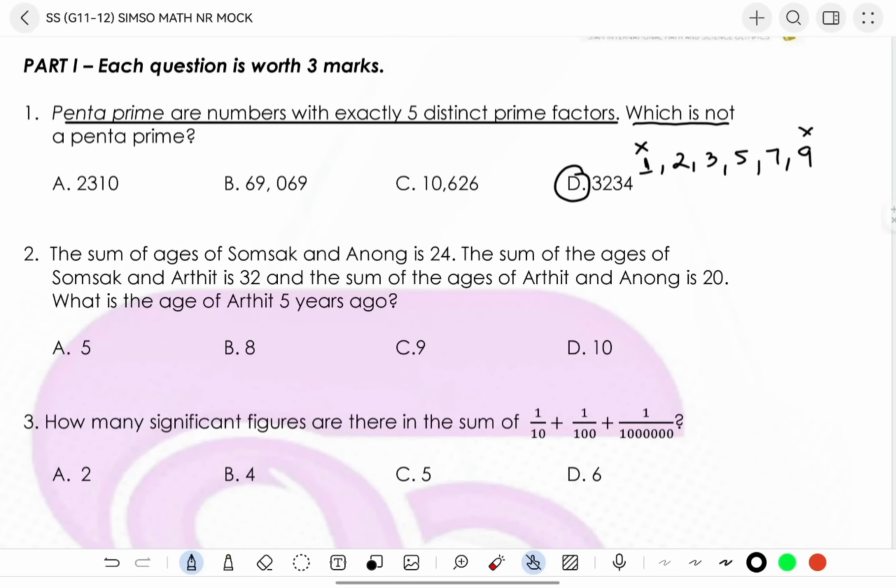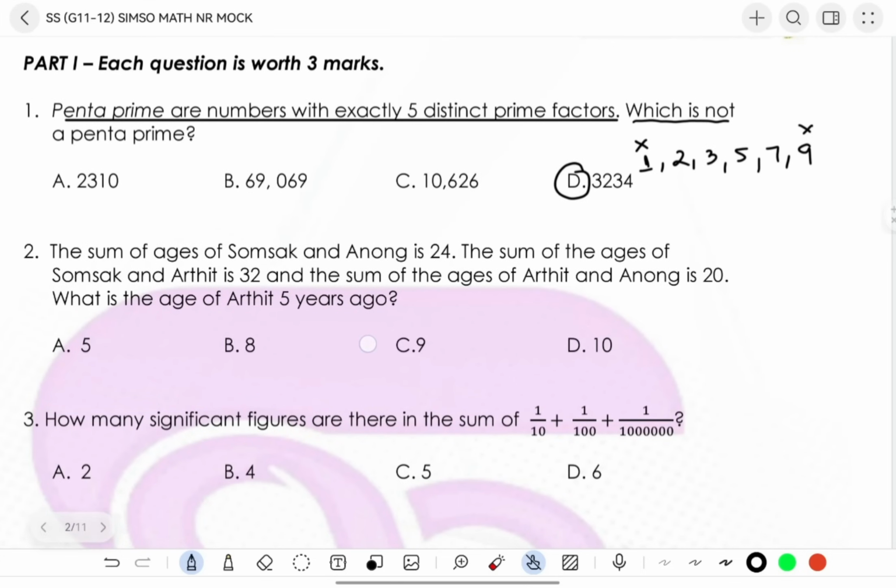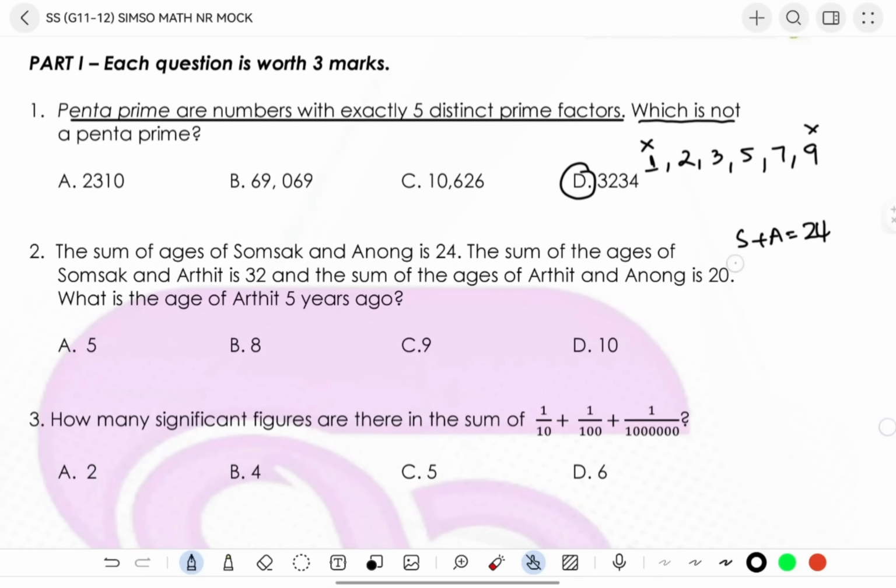So let's just take the first letter of the name. Let's say S plus A is 24. Oh, I think we cannot do that.